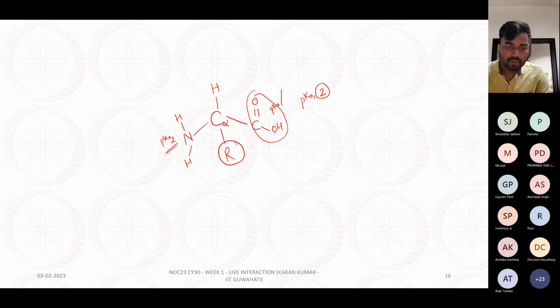And pKa2 is for the amino group, the alpha amino group, not any amino group. I'm talking about the alpha amino group because it is attached to the alpha carbon. pKa1 for the alpha carboxylic group is around 2, and pKa2 for the alpha amino group is around 9.5. And what is the physiological pH? Physiological pH is 7.4.